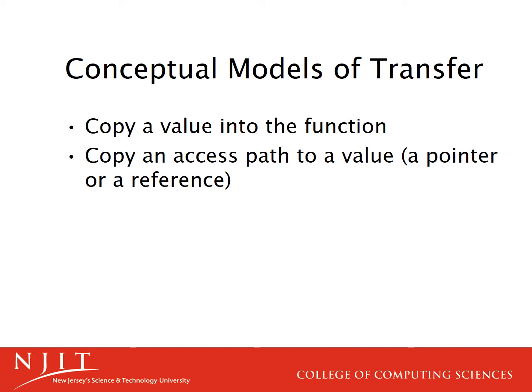If I have a function that takes a reference to an integer, I have to initialize that reference to refer to some integer from the caller. So it's again copying a value in. The concept is the same. I copy the value in, but I might be copying not the value, but the reference to a value. But whether I'm copying the value or a reference to the value, I am copying something in.